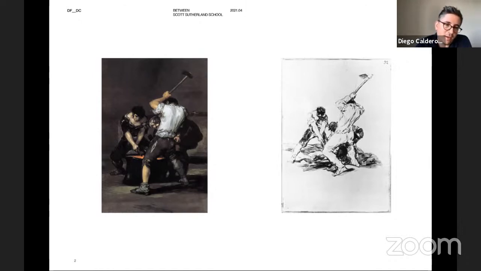For what I care, I'm not that interested in what the object they are working on is, but more the setup and the action that the painting captures.